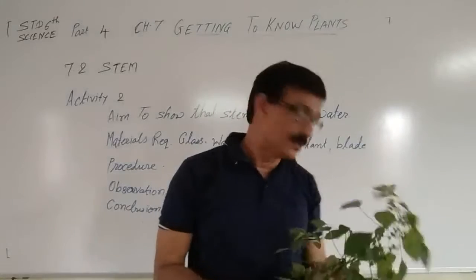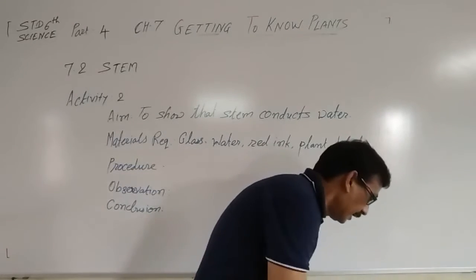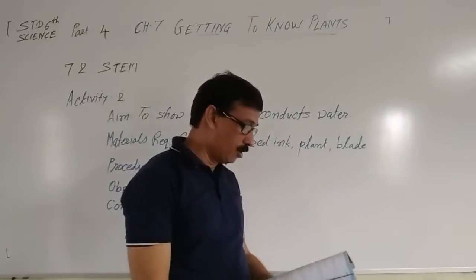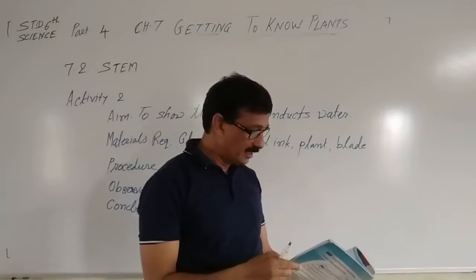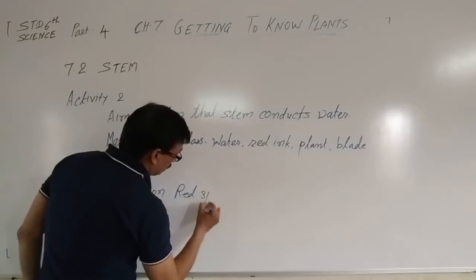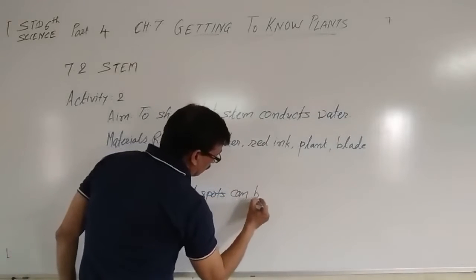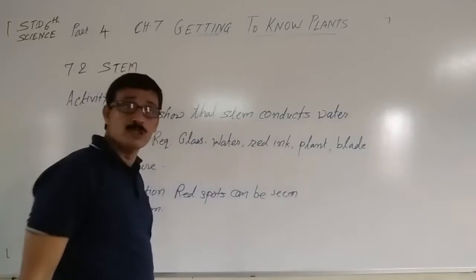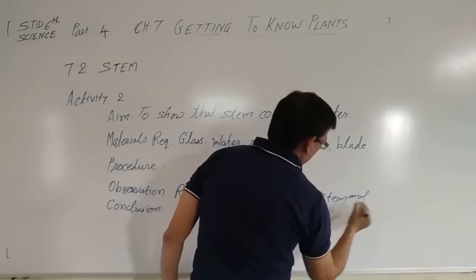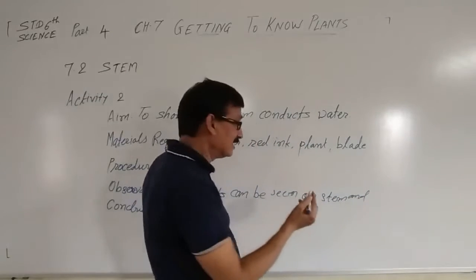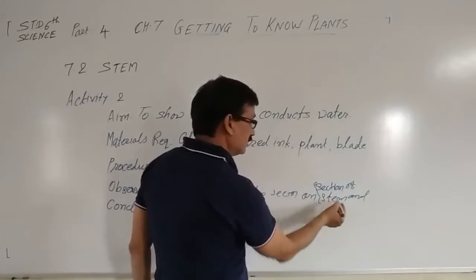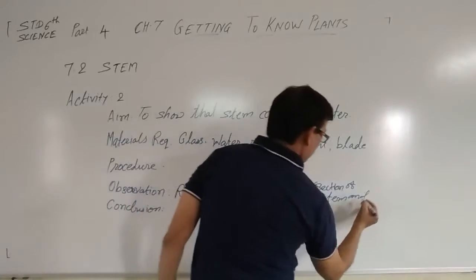That is why we should write our observation: red spots can be seen on the stem, on the section of stem, and on the leaves.